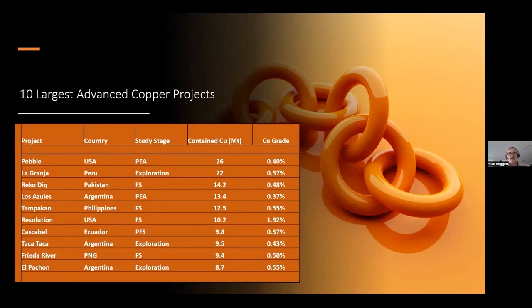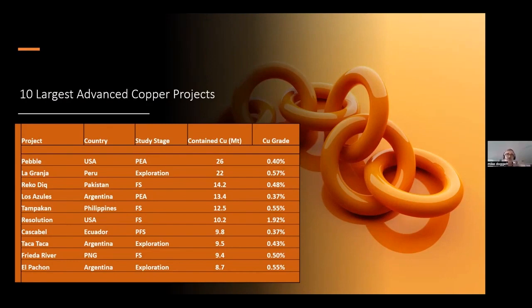Collectively, they represent 135 million tons of contained copper. Two things about that. One is that in today's world, that represents probably only about 6 years or so, maybe 7 years of actual copper mine supply. And it also suggests that these deposits probably will be bigger than the numbers we see here.